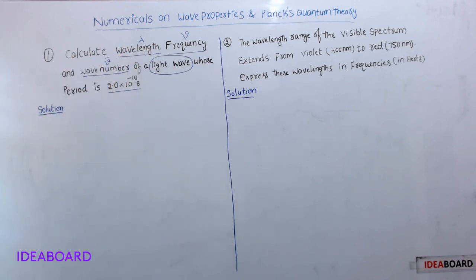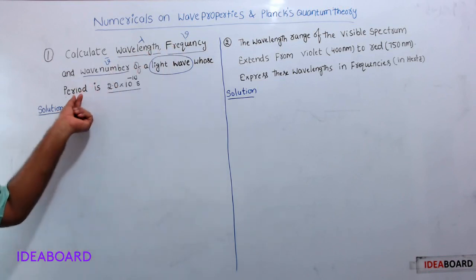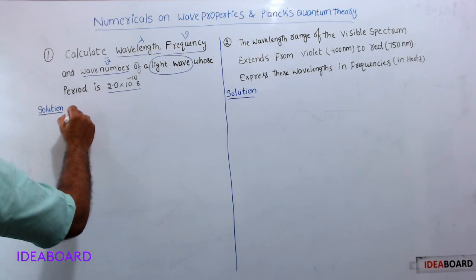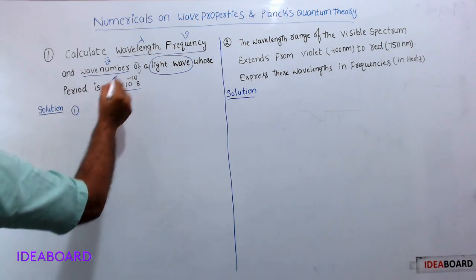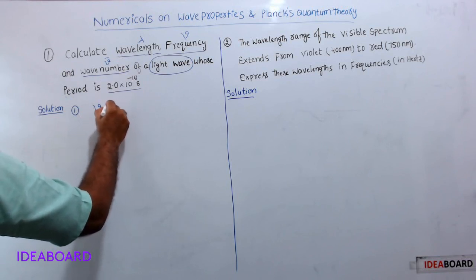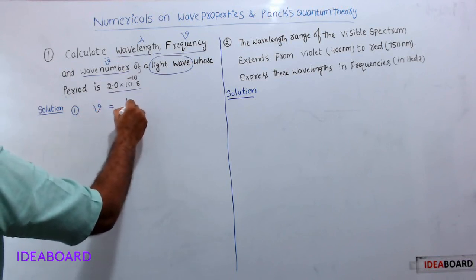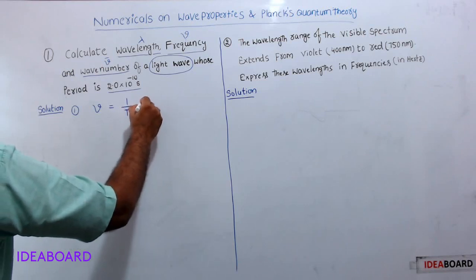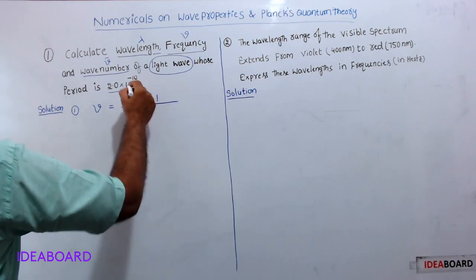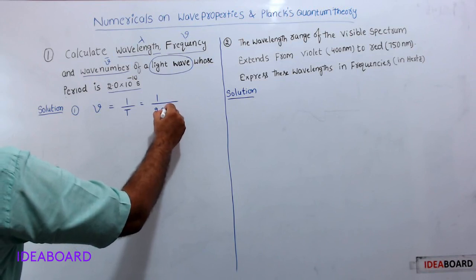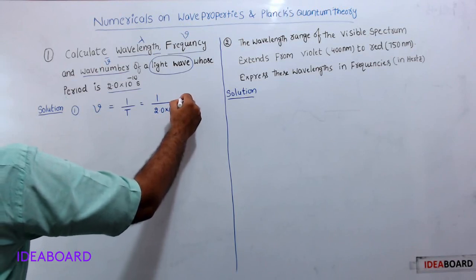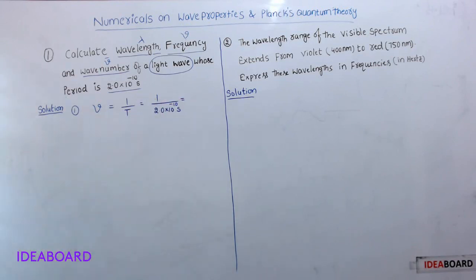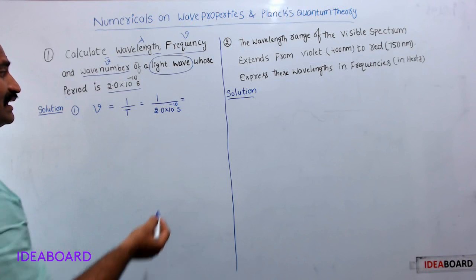First, we know there is a direct relationship between time period and frequency. Therefore first we find the frequency, denoted by nu. Nu is equal to 1 by time period T. Therefore 1 divided by 2.0 into 10 power minus 10 seconds. 1 by 2 gives 0.5, and 1 by 10 power minus 10 means 10 power 10.